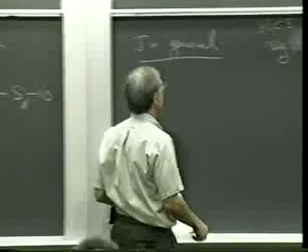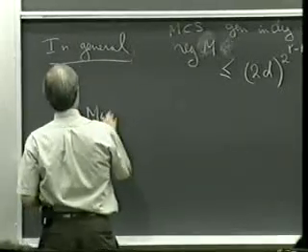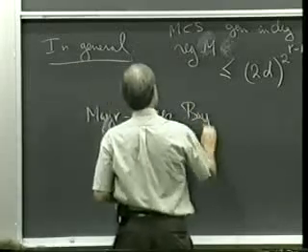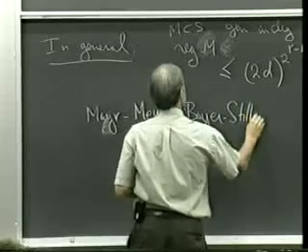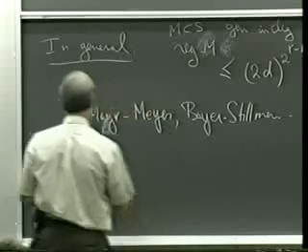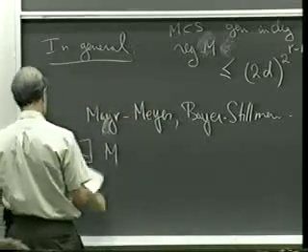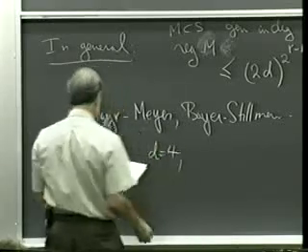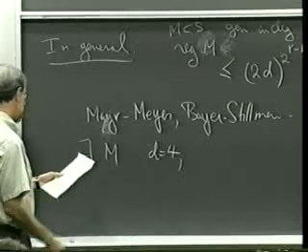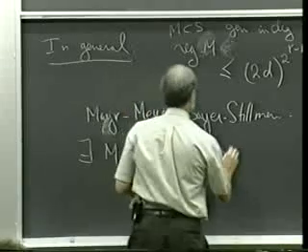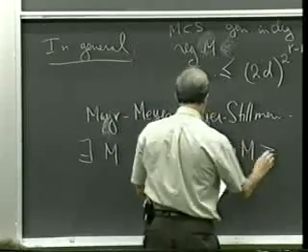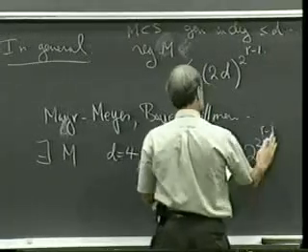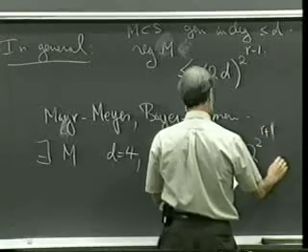However, there's a famous example due to Mayr and Meyer, and Bayer and Stillman in the syzygy case, which says there exists M with d equal to 4, where the regularity of M is at least, I don't think it's known exactly, 2 to the 2 to the r plus 1, plus 1.